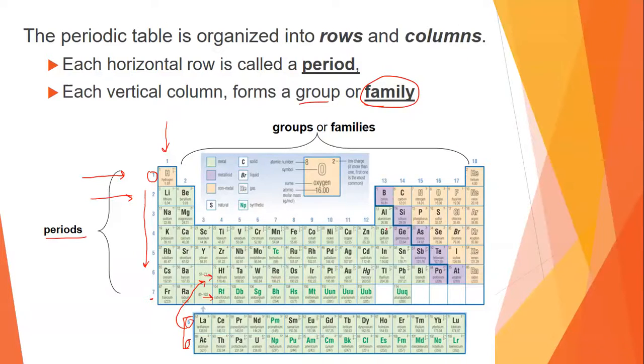We will look at other elements in there, but we have to learn the names of these families, which I'm going to introduce to you in a second. And we have to know a little bit about them because many of the compounds we're going to be studying are a combination of elements from these particular families.